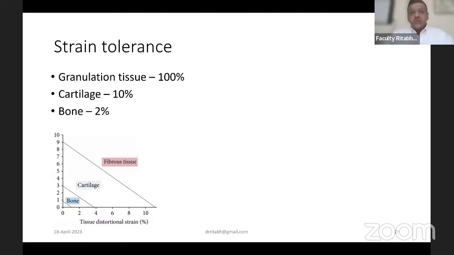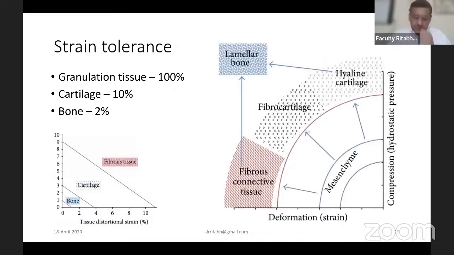So if there is too much motion at the fracture site, a pseudarthrosis will form, and we say it's a fibrous non-union. With time, that fibrous tissue gradually gets converted to cartilage. So we will see cartilage at the ends of the bone, but bone never bridges across. So it becomes a non-union. This diagram was explained by Pauwels almost 100 years ago.